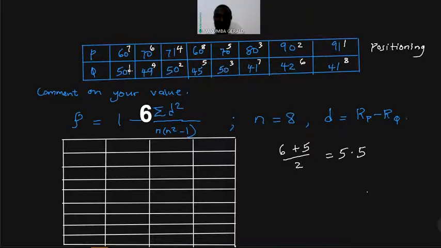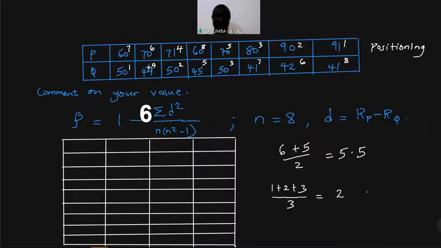When it comes to Q here, we have 3 fifties appearing. So what are you going to do? We are going to take the positions and have their average. So positions first, we have 1 plus 2 plus 3, divided by 3 to get the average, and this gives us 2.